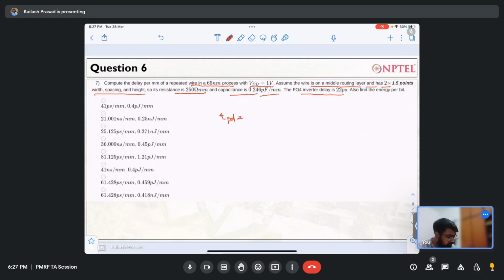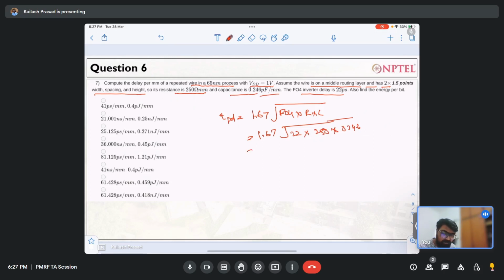This is 1.67 multiplied by the FO4 delay, then multiplied by R, then multiplied by C. So this will be 1.67 times the root of 22 picosecond multiplied by 250 multiplied by 0.246 picofarad per millimeter.